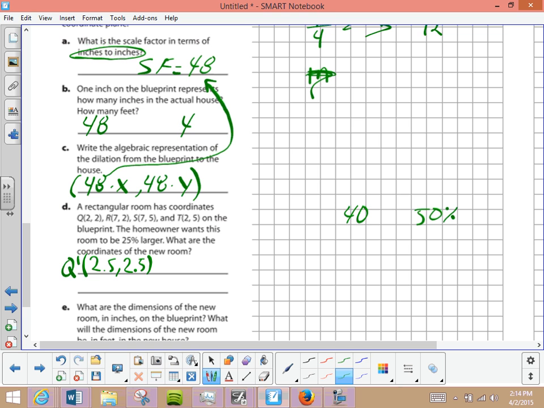Yes, multiply by 0.5, and that will give me the amount of increase, which is 20, right? And then add this back to that. That means 60. Notice that I'm actually increasing from 40 to 60. The problem that some kids have is that they multiply the coordinates by 0.25, and they didn't add the other one back. They left it as 0.25.